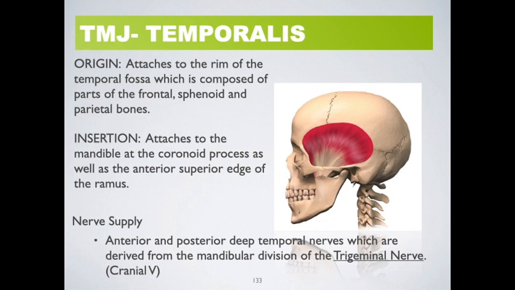The temporalis, of course, originates through the entire border of the temporal fossa. And of course, this is where we found the TS line last session when we introduced the TS line. And so it inserts into the coronoid, not the coracoid, like the shoulder, but coronoid process of the ramus and the anterior superior edge of the ramus.